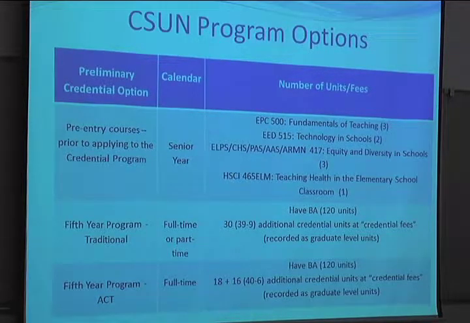It gets you thinking about lesson planning and just talking about the developmental pieces of what happens with elementary children. Of course, you have a leg up because your major is that, so you're coming in with a lot more information than most people come in as a fifth-year student. So that's one course you can take. So it's EPC 500 or EED 500, and they're both equivalent courses.